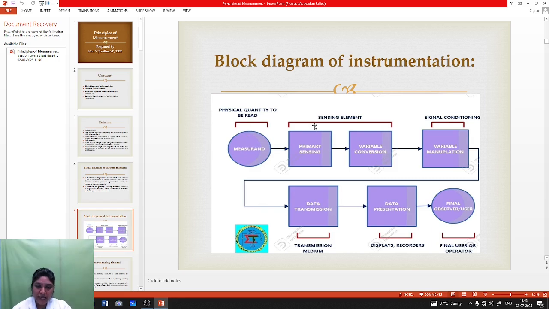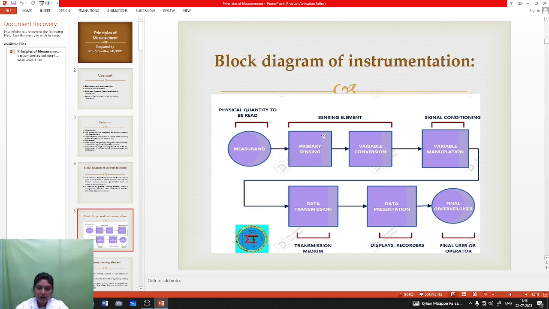The moving coil acts as the primary sensing element, and the magnet and the coil together act as the signal conditioning element. Finally, it is transmitted through mechanical linkages, which act as the data transmission element, and the pointer and the scale deflect, which is the data presentation element.